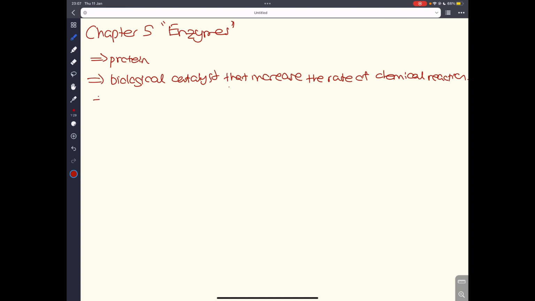And we have to note a very important factor: enzymes are not changed by the reaction. In other words, they catalyze the reaction, but they do not get changed or deformed or become something entirely new all of a sudden. So the enzymes themselves do not change in the process of the reaction.